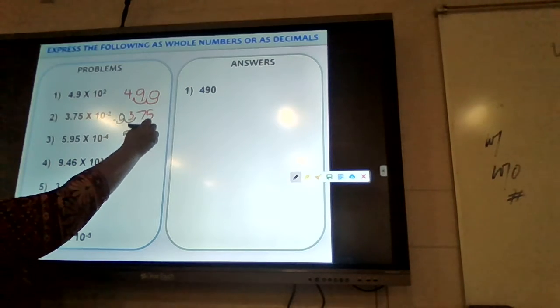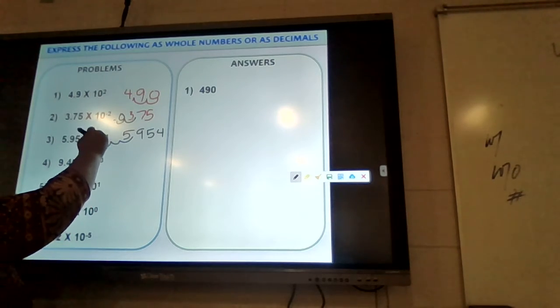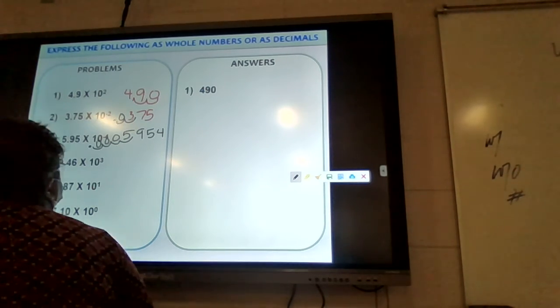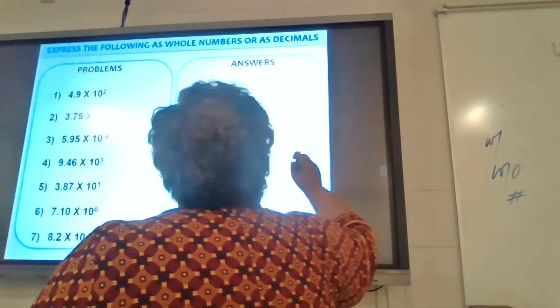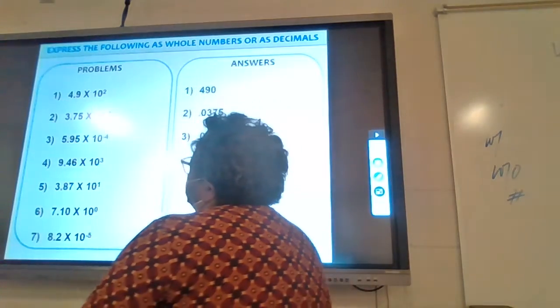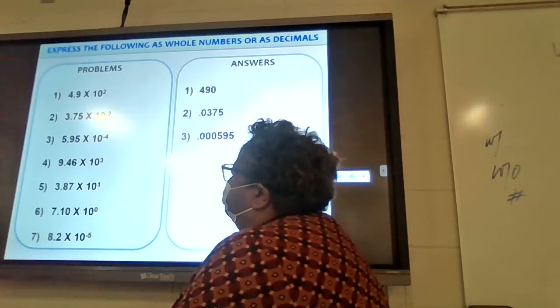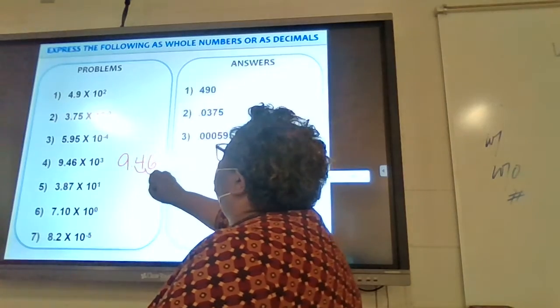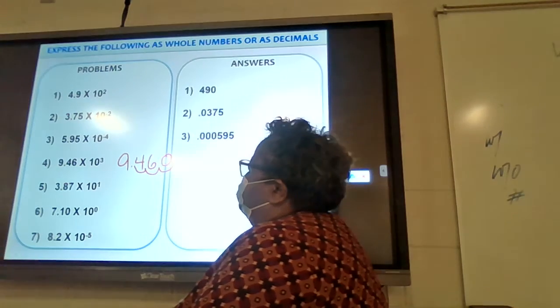This one, 4 to the left. 1, 2, 3, 4. Okay. This one, we're going to move it 3 to the right. 1, 2, 3. So it should be 9,460.